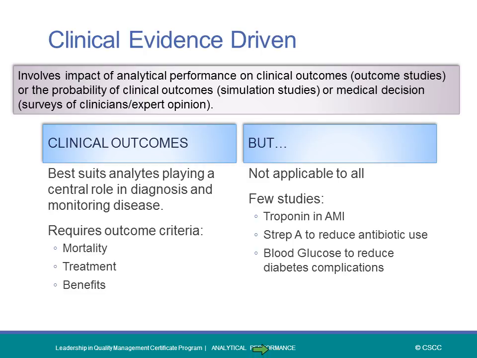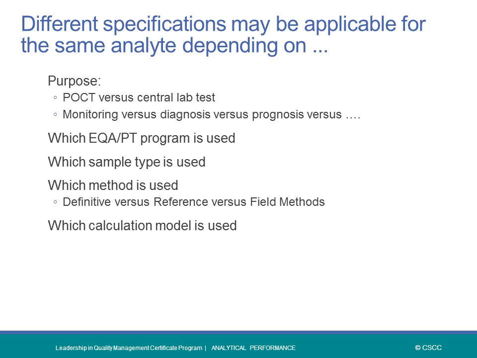Added to this, there's, I guess, the fact that different specifications may be applied to the same element depending on the purpose of that particular analyte, whether it's used for point-of-care testing purposes versus the central lab, whether the test is used for monitoring, its quality specification could be different from that for diagnosis or for prognosis or for some other reason.